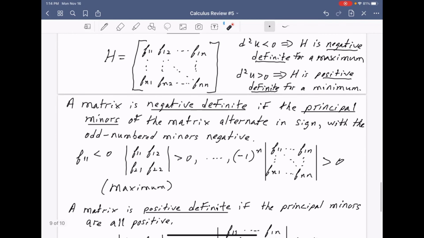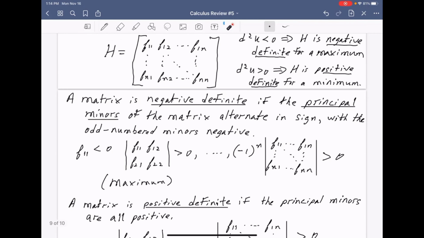So in other words, F11 less than 0, the determinant of F11, F12, F21, F22 has to be greater than 0, and they keep alternating in sign, and we can use that -1 to the power n to denote the alternating sign, because if n is 2 in this case, then it would be positive, and so on.